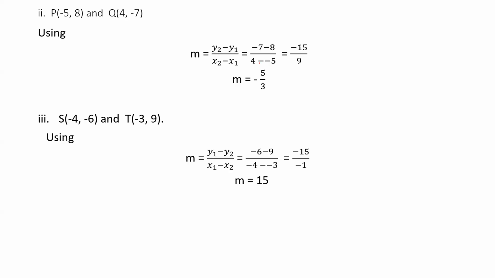So minus 7 plus minus 8 becomes minus 15, all over 4 plus 5, which is 9. Hence 3 goes into 15 five times, and into 9 three times. Therefore, the gradient is negative 5 over 3. I hope we are all following. It's very simple.